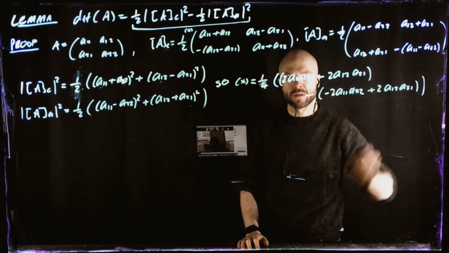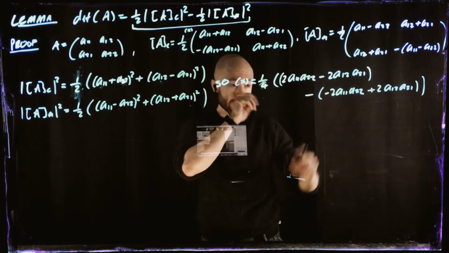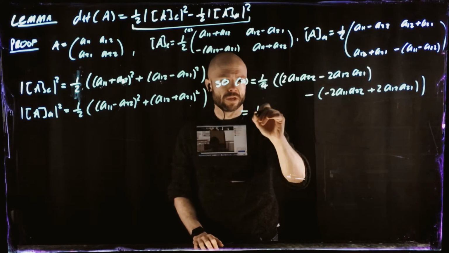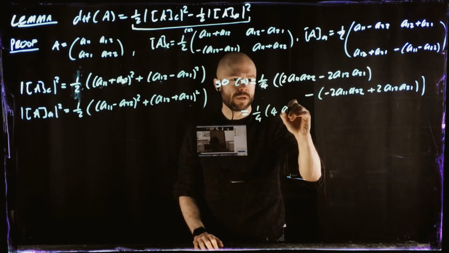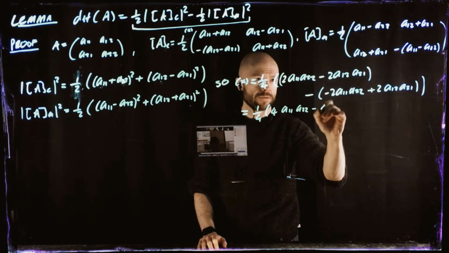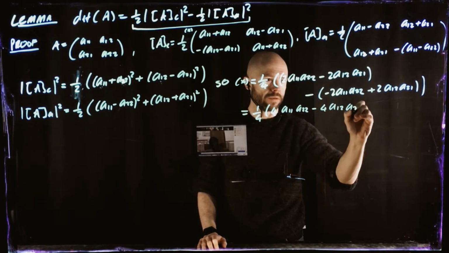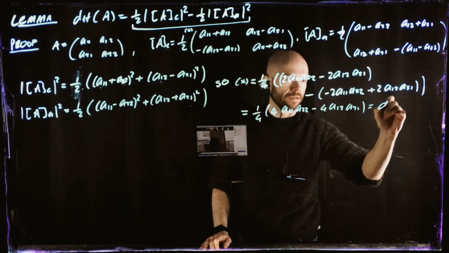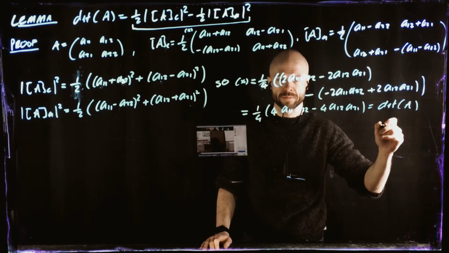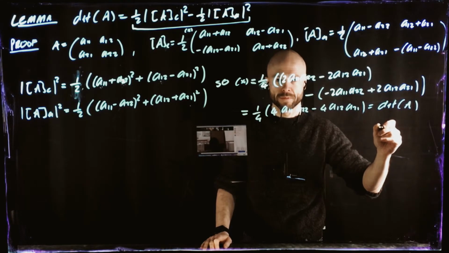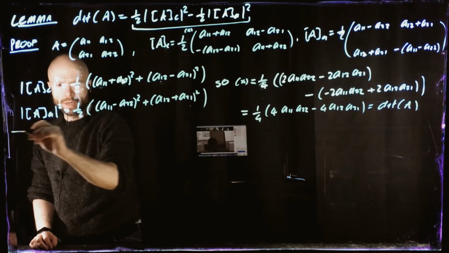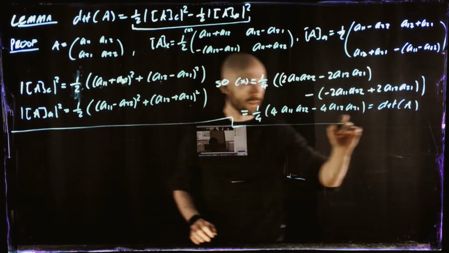That seems to work, because this will give us 1 over 4 of 4 A11 A22 minus 4 A12 A21, which is exactly the determinant of A. So we are happy. Cool. So we do indeed believe the linear algebra lemma that we used in the last identity.